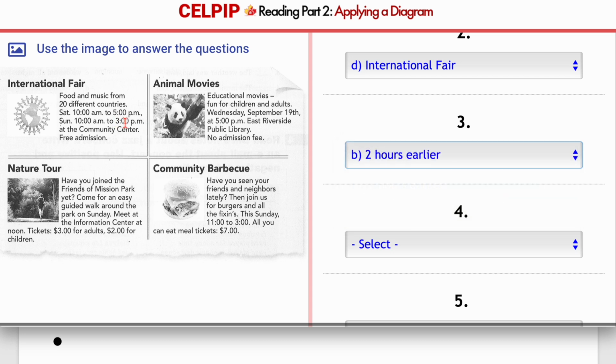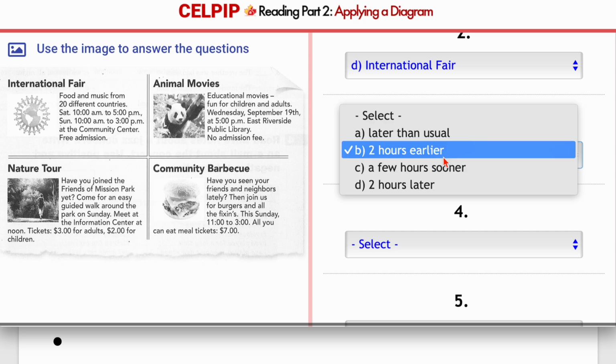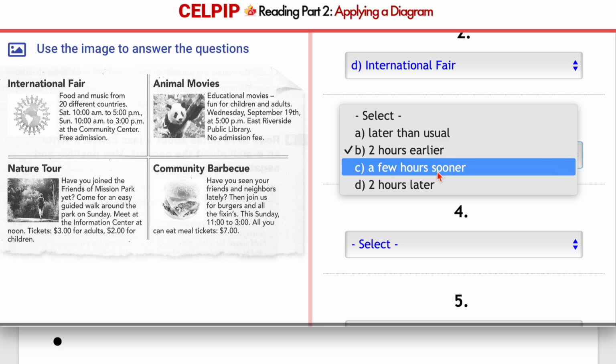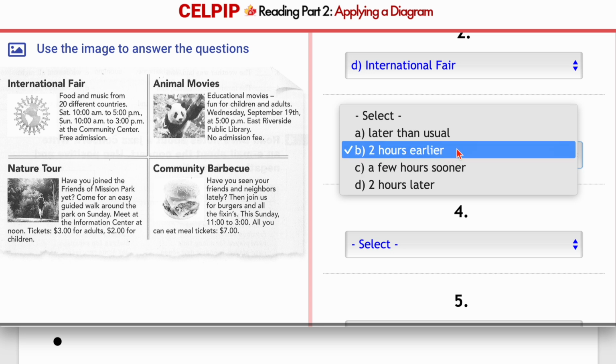So it's going to be ending 2 hours earlier on Sunday. Now, not later. Now, a few hours sooner. We don't say sooner in this case. We say earlier, like before. Sooner is for future. I'm going to finish sooner. Okay? Not for past. Earlier is for past.